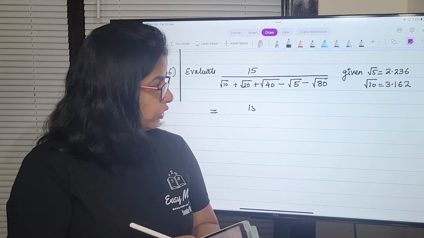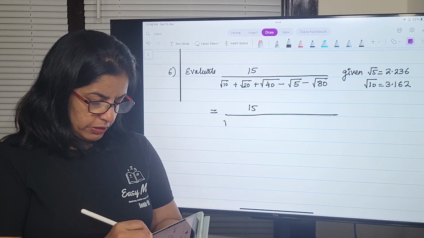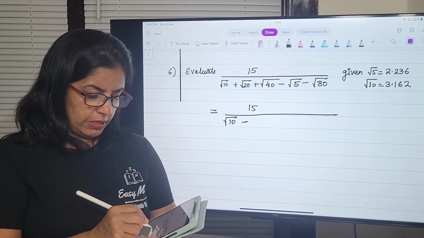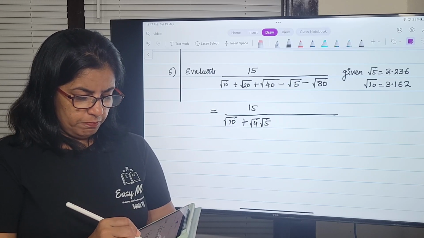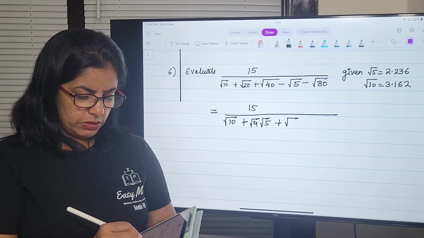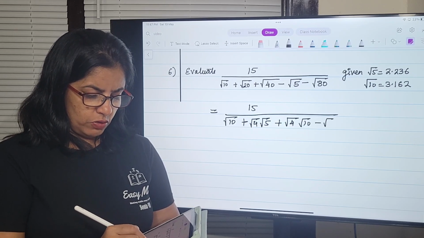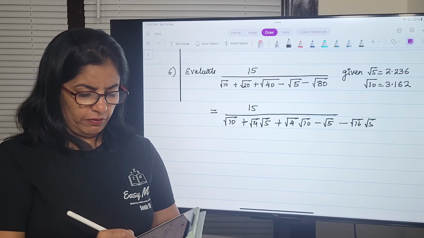So 15 is the numerator. Denominator here root 10, no problem with that. Root 20 can be expressed as root of 4 and root of 5. Whereas root 40 can be expressed as root of 4 into root of 10. Root 5 is not a problem. Root 80 is root 16 into root of 5.